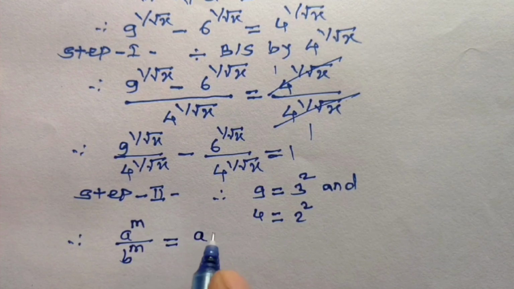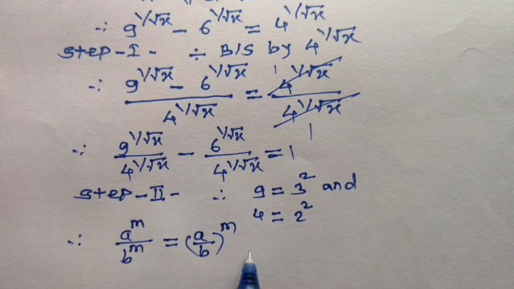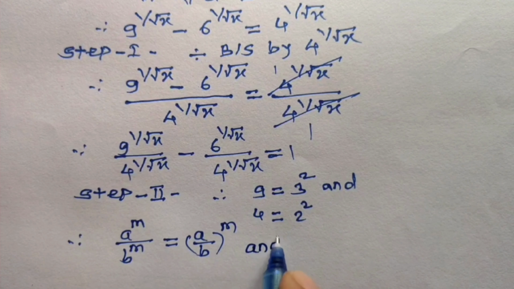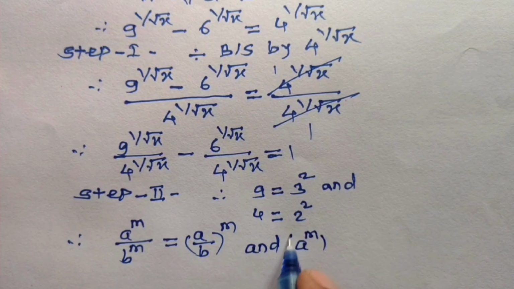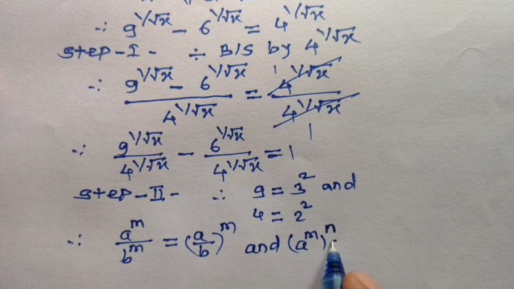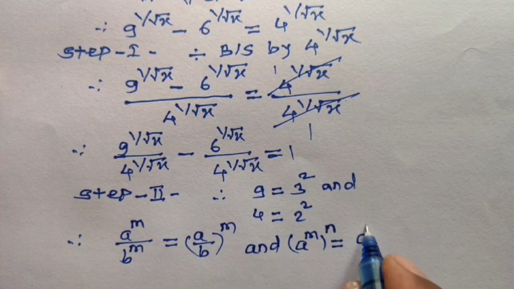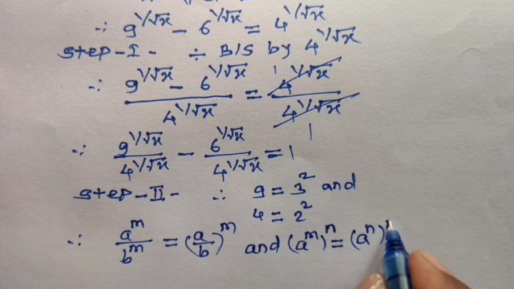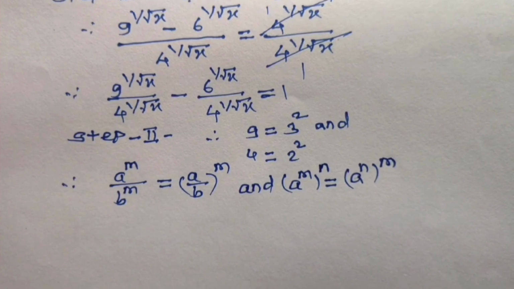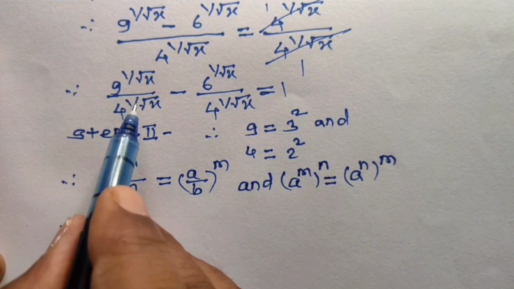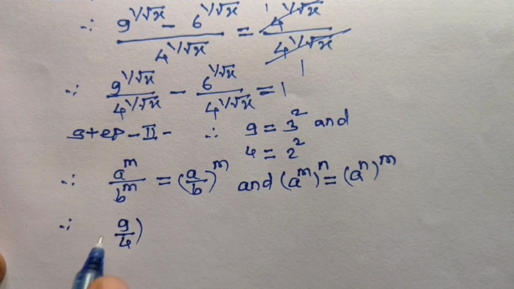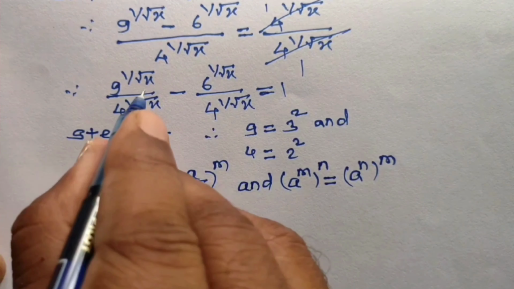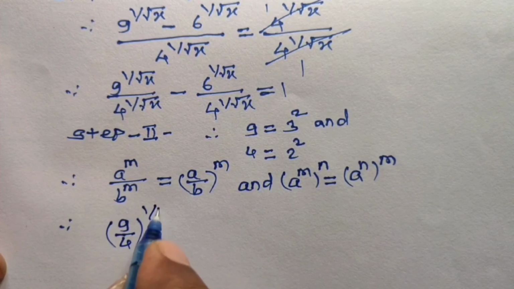And here we have to apply some laws of indices. One of them is a to the power m divided by b to the power m is equal to a over b to the power m. And the second law, a to the power m to the power n is equal to a to the power n to the power m. That is interchange of powers.